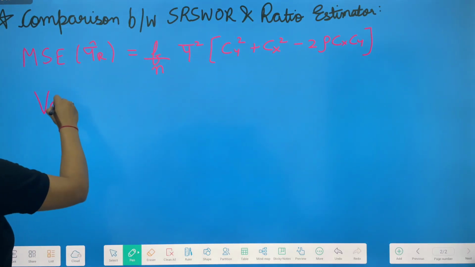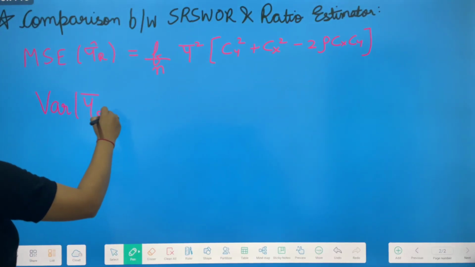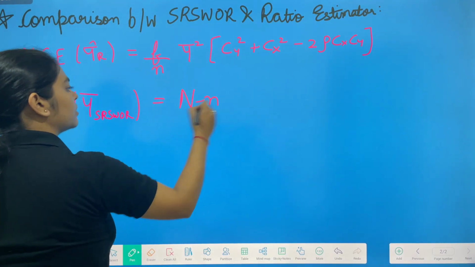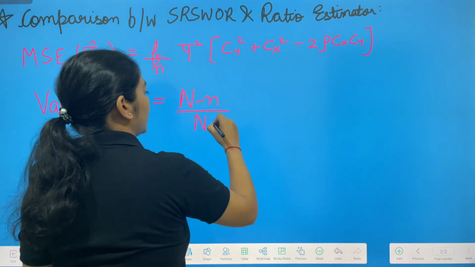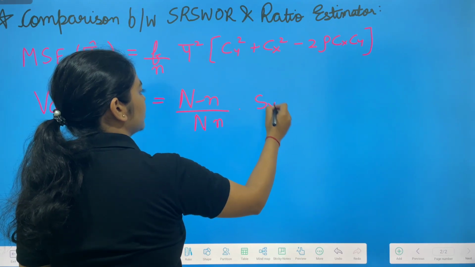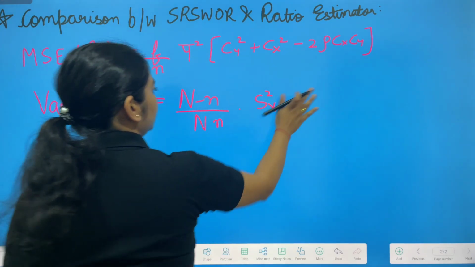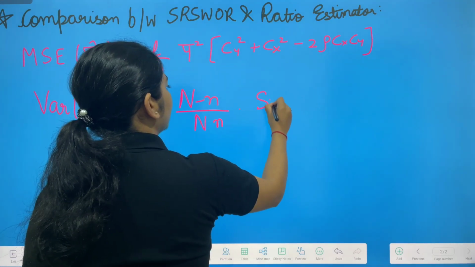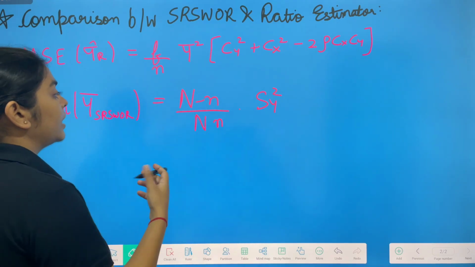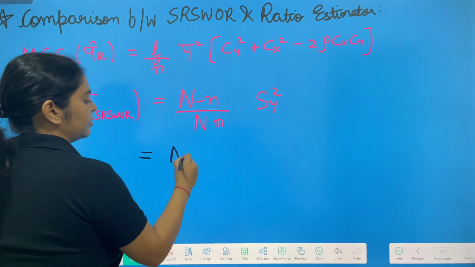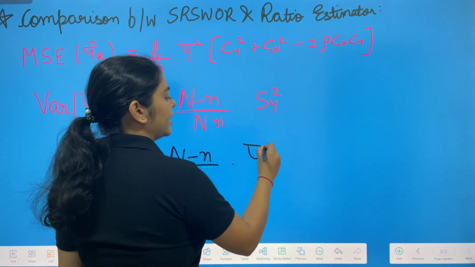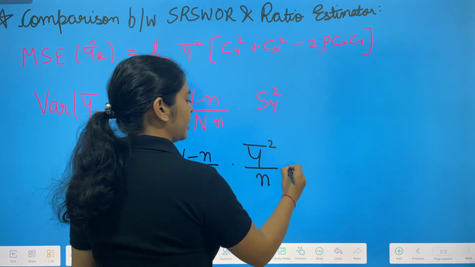And the variance of y bar in simple random sampling without replacement can be written as N minus n upon N n into Sy square. Now we can take these terms aside, dividing and multiplying by y bar square, we will get this.